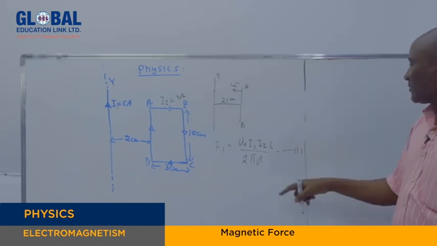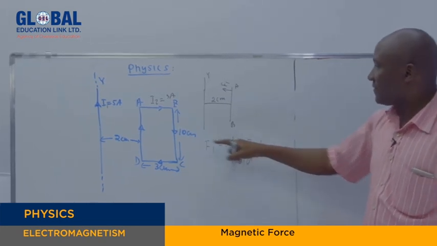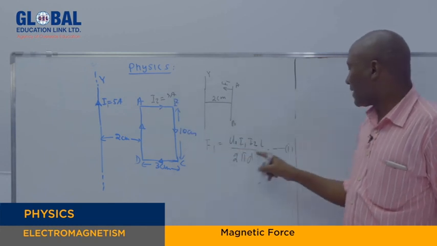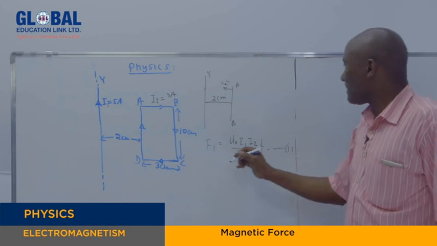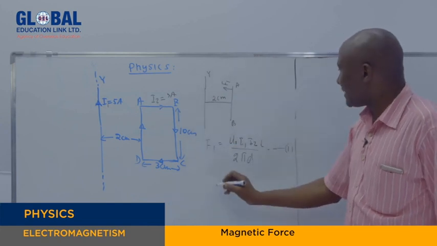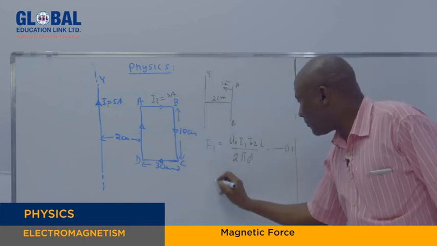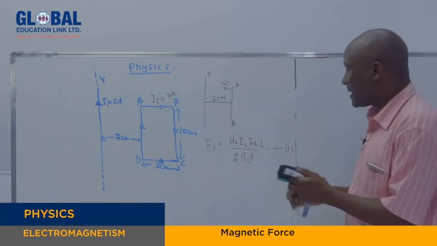Now you can do that one. Mu is given, I1 is 5, I2 is 3, the length is given as 10, and you find F1. Then F2 is the force acting on the part of the loop which is now given the name BC.